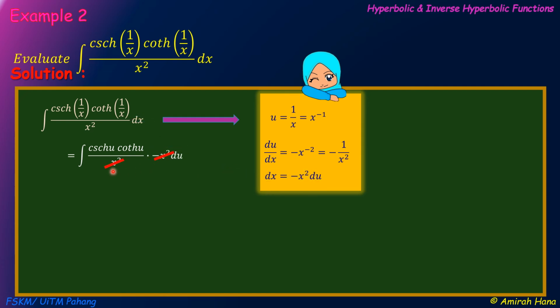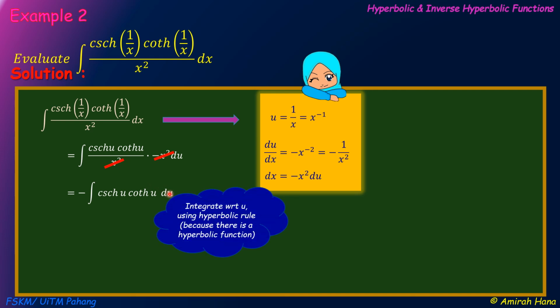After that, we can simplify x squared from the denominator and x squared from here. And after we simplify x squared, we can move out the constant negative. And then we have integration of cosec u cot u du, all in terms of variable u and du.